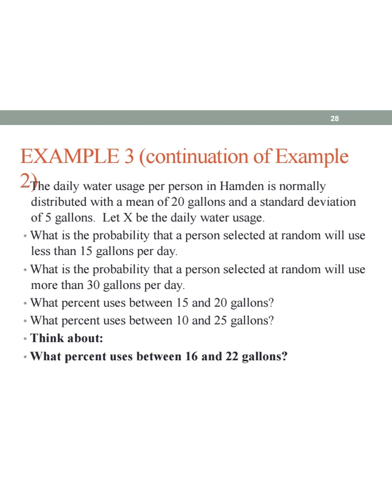For this question, we have the same information, right? X follows a normal distribution with mean equal to 20 and standard deviation equal to 5. We are looking for probability.